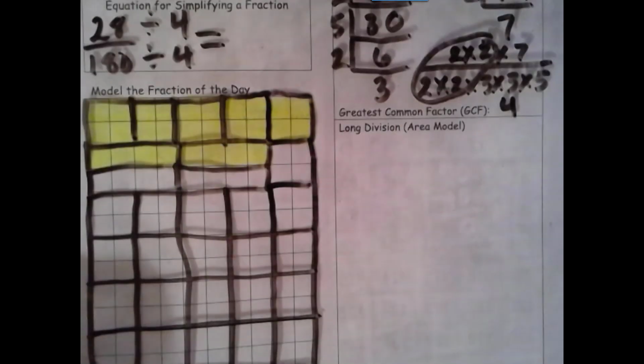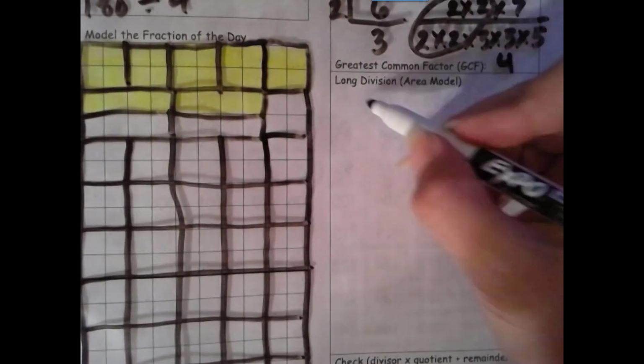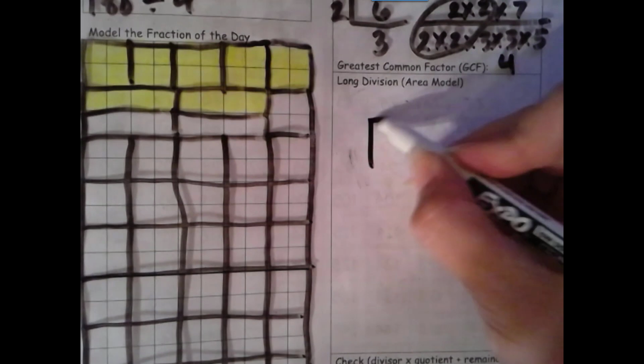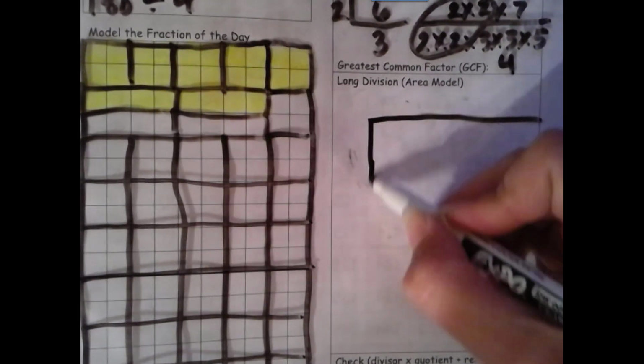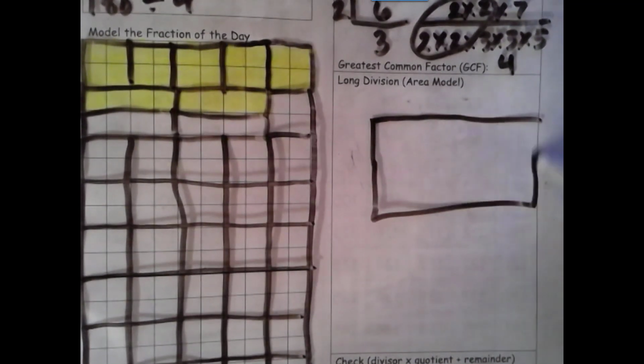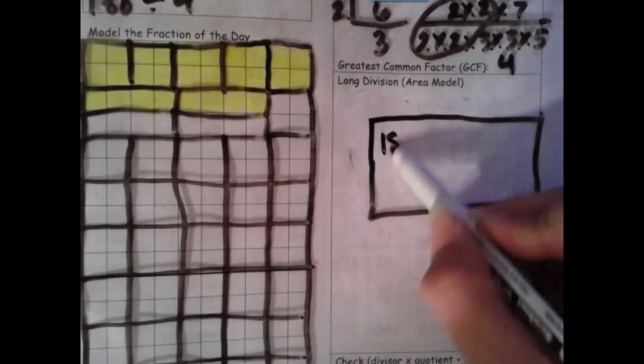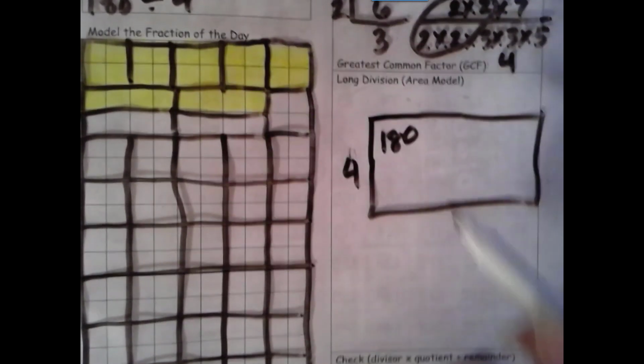But here, let's go ahead and do our area model. So we're dividing 180 by 4. And we're also dividing 28 by 4.